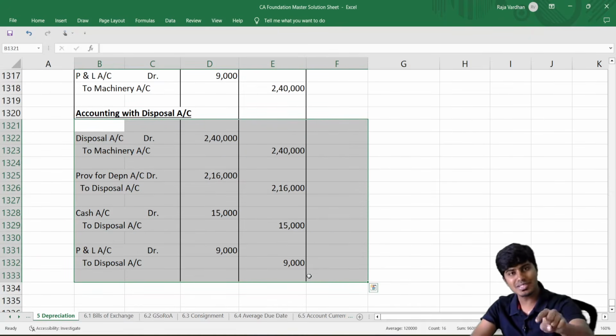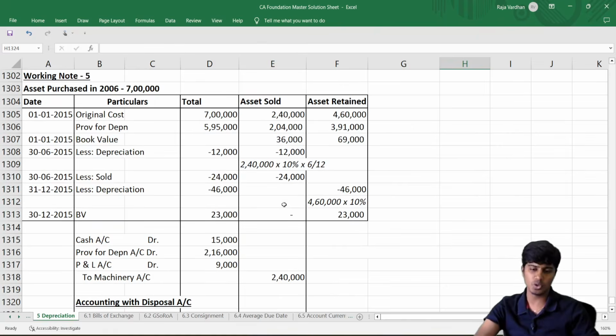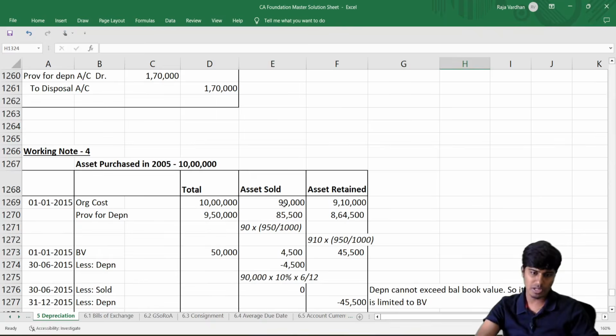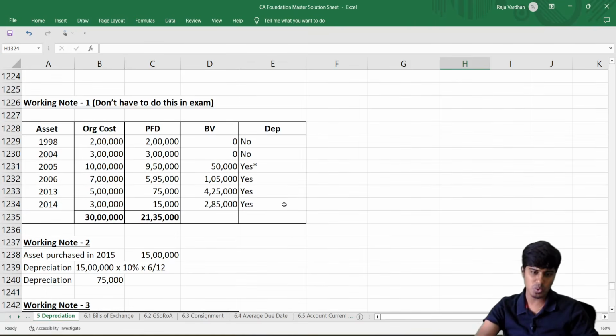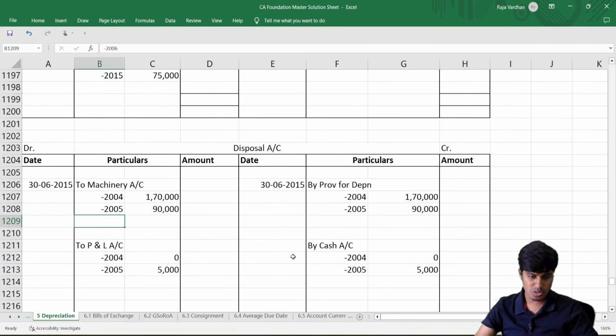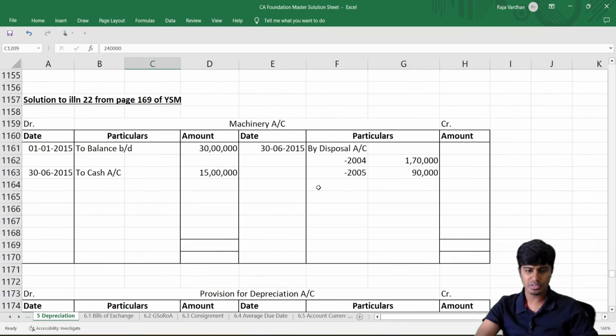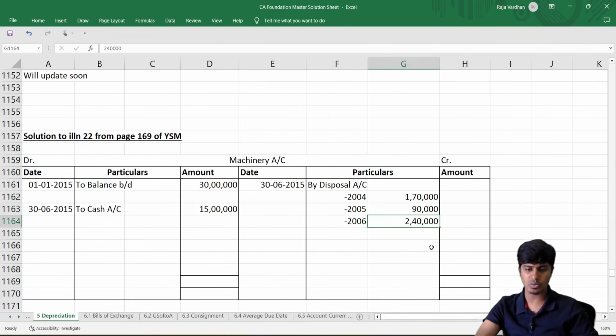I should now post these entries to our respective ledger. In disposal account, I'll write 2006 machinery 2 lakh 40,000. And in machinery account, I'll write 2006, 2 lakh 40.